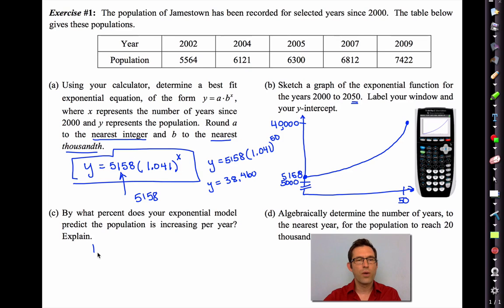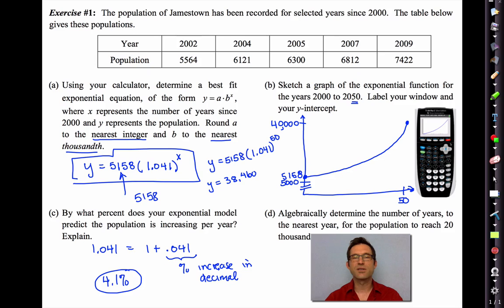So 1.041 is equal to 1 plus 0.041. This is the percent increase in decimal. So that gives me a 4.1% increase per year.